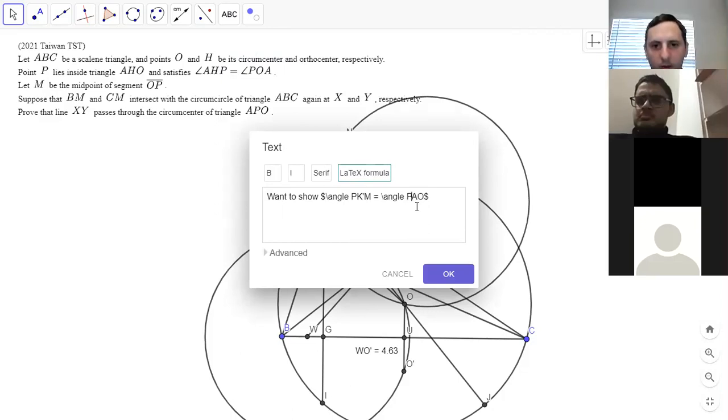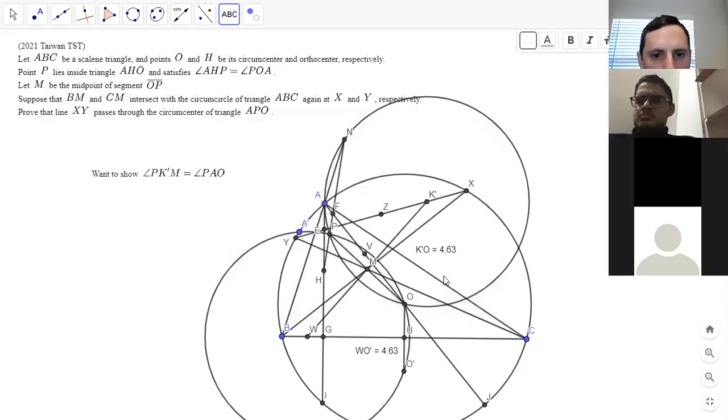Yeah, and PK prime M is equal to MWO, because PK prime OW is a rhombus. Oh, but how are we defining K prime?